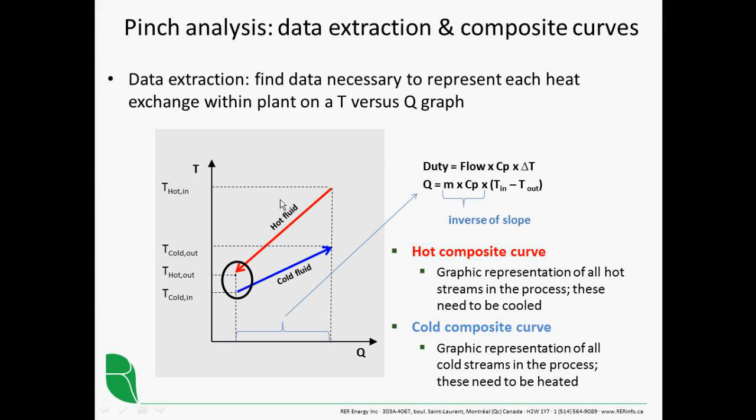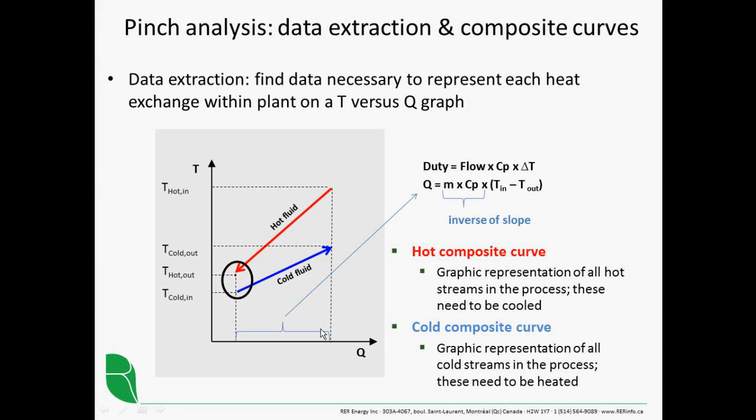Now, we can do this for each of the individual heat exchangers within the plant. We can generate a T versus Q graph, and then we can take all the line segments for the hot fluids, the hot streams, and combine them into a single line according to some basic rules that I won't talk about today. And the combination of all these individual line segments is the hot composite curve. It's a graphic representation of all the hot streams in the process. And these are streams that need to be cooled.